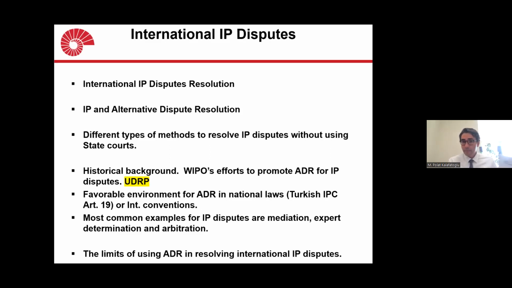In this respect, we have different types of ADR methods to resolve IP disputes. There are some ADR methods specifically designed for IP disputes, and we also have traditional ADR methods such as mediation or arbitration. You can also opt for these methods for international IP disputes.